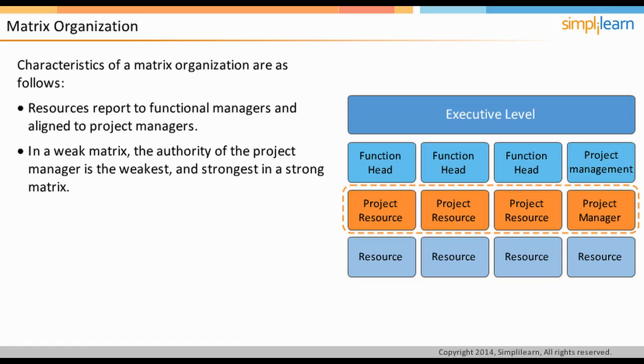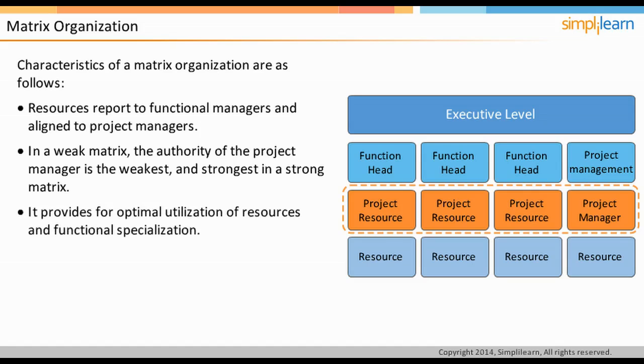The advantage of the matrix structure is that resources can be optimally utilized while preserving the capacity of the project managers to get projects executed efficiently. Resources can specialize in their functions and have stability in their careers, also contribute to the projects at the same time potentially. The disadvantage of matrix organization is that the communication overhead increases significantly.